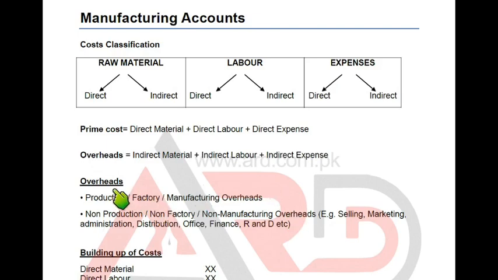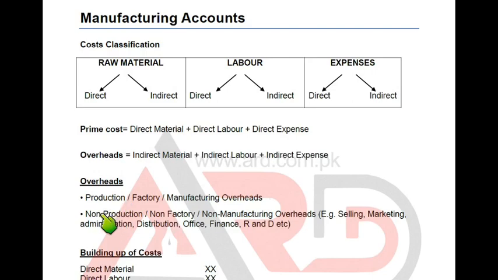Now what are production overheads? Production overheads are overheads or costs that arise in a factory floor, and that are being incurred during production. Costs that are incurred in a factory during production to make a particular product or service are known as production overhead.